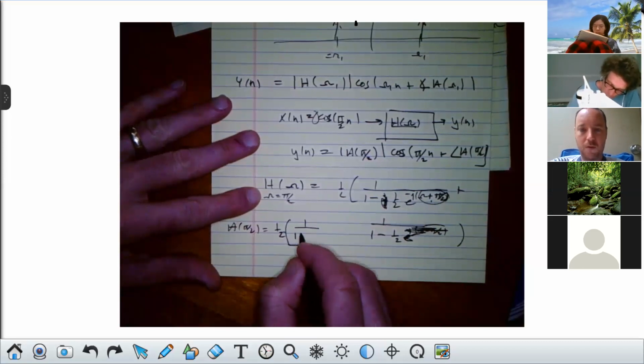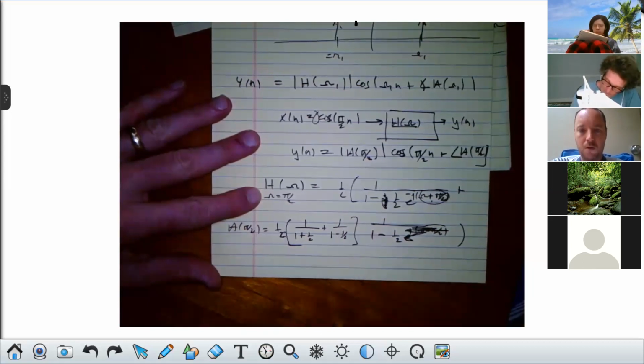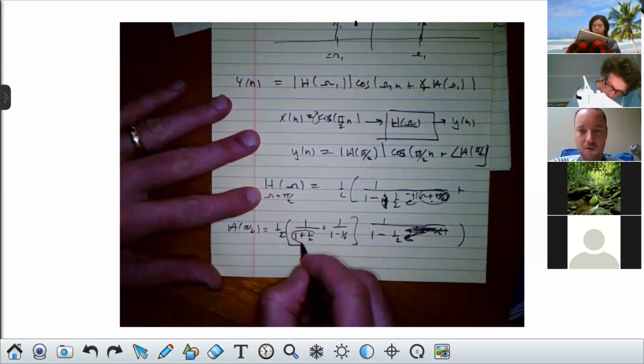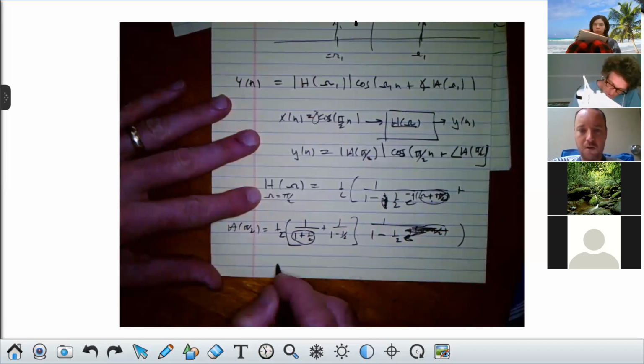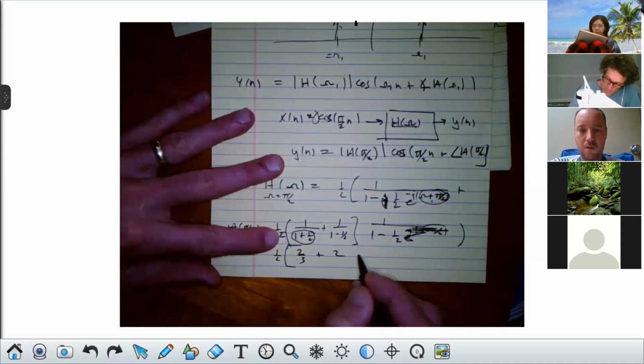It goes to 1 over 1 plus 1/2, plus 1 over 1 minus 1/2, correct? And you can see that 3/2 inverted is 2/3. So my filter response is going to be that. This would be 2/3 plus, and this is simply 2. Correct?